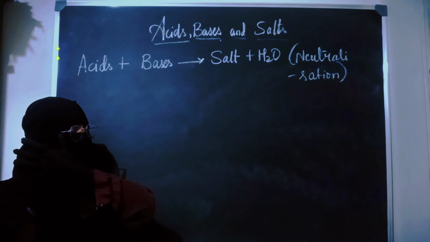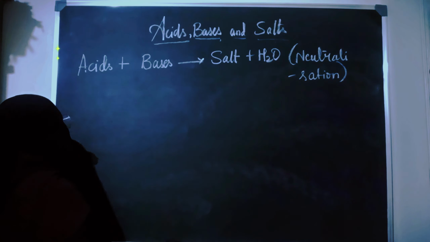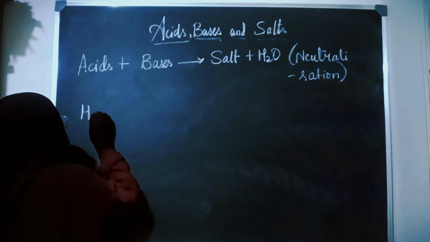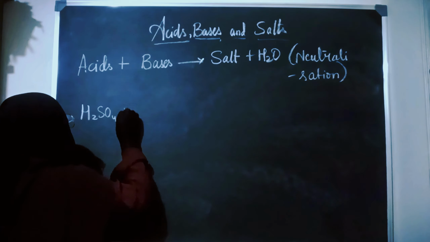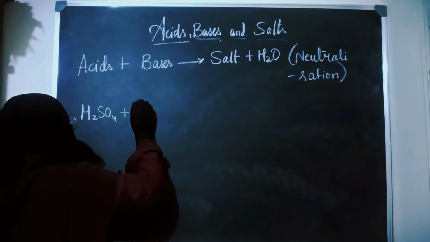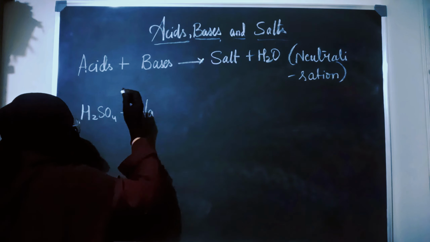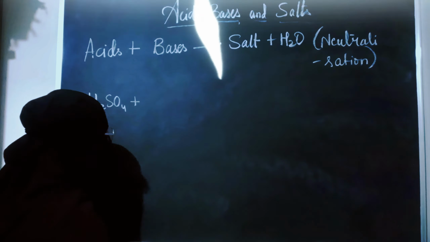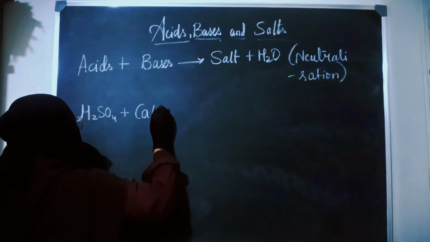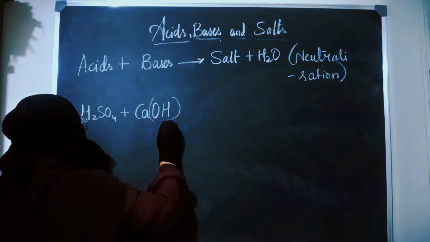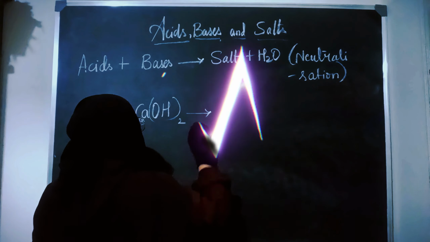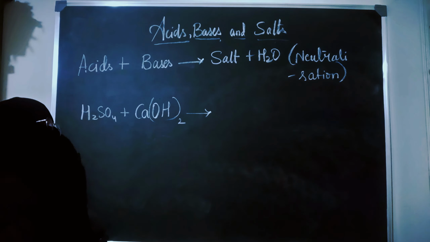Now let us try exploring it by taking examples. Let us take the example of an acid to be H2SO4 plus, let us take a different base, for example Ca(OH)2, which is calcium hydroxide. Whenever the neutralization reaction happens, it is a type of double displacement.